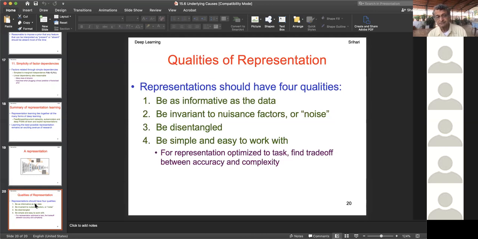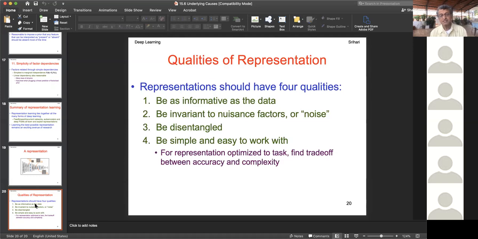So that is invariance. Be disentangled, so that the particular representations capture different dimensionalities. And be simple and easy to work with, such as providing a quick explanation. That would be something easy to work with.